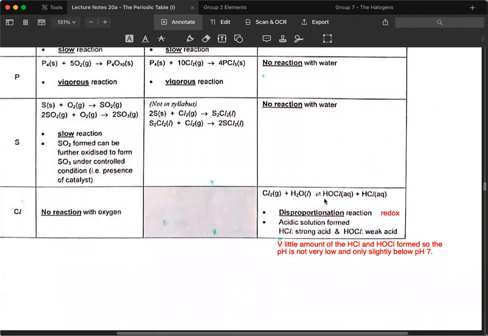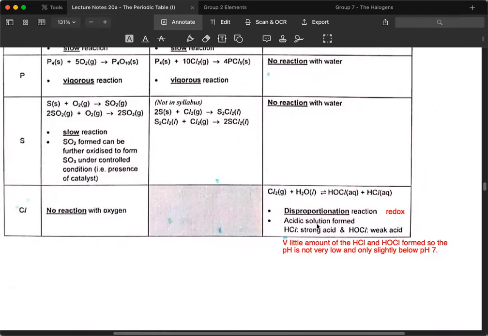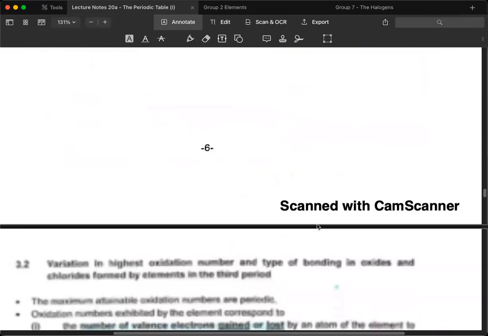Very little is formed, because this is a reversible reaction, so the extent of dissociation is low. Okay, it's a weak acid. So very low amounts of HCl and HOCl are formed, and the pH is only slightly below 7. Some people ask, is it very acidic to put chlorine in a swimming pool? Don't worry, it's very mild.